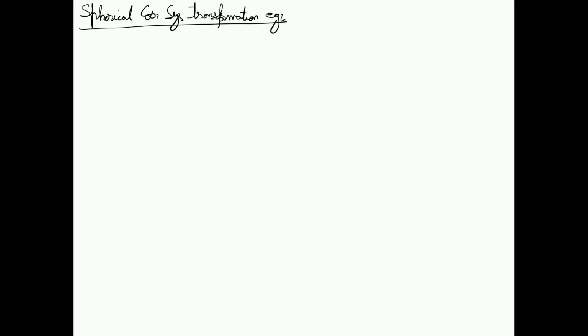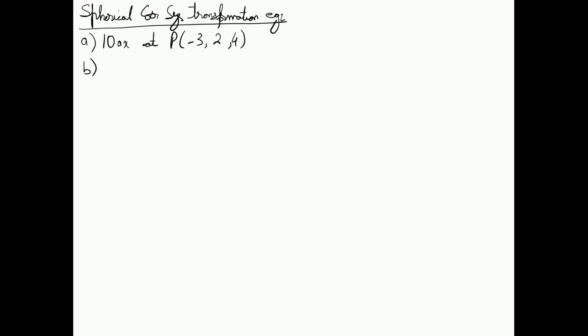So we want to convert or transform the following vector to spherical coordinate systems. So we have been given 10 a of x at P equal to -3, 2 and 4.